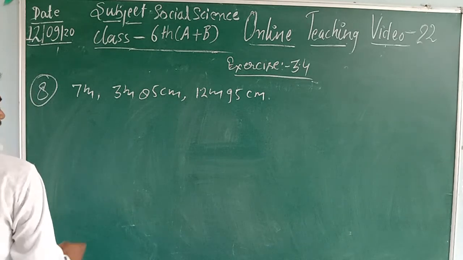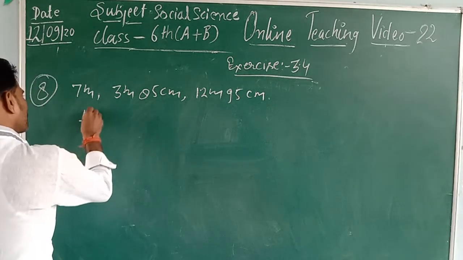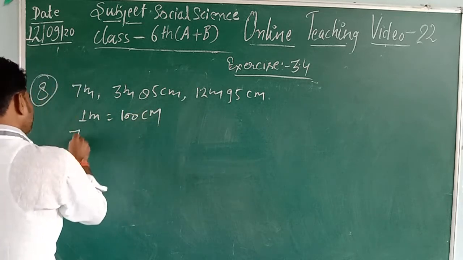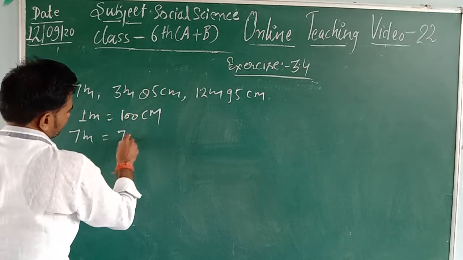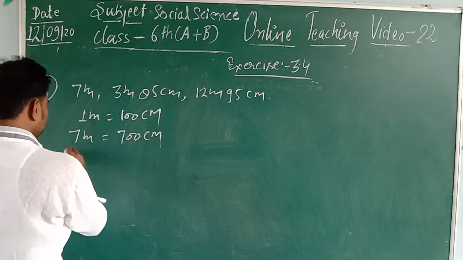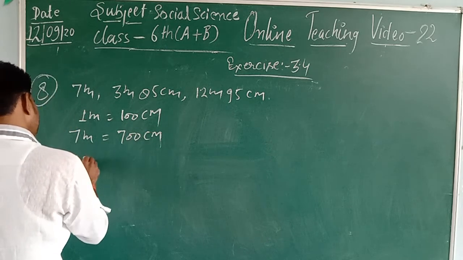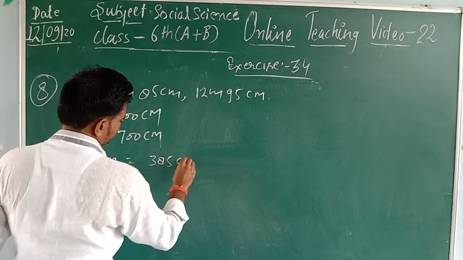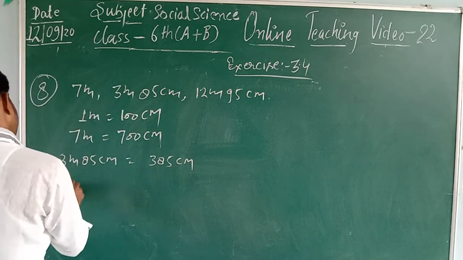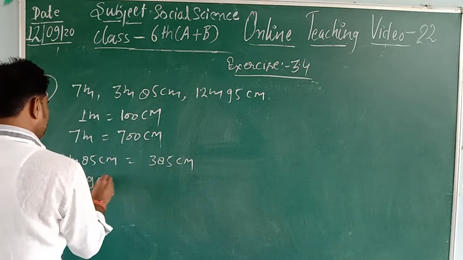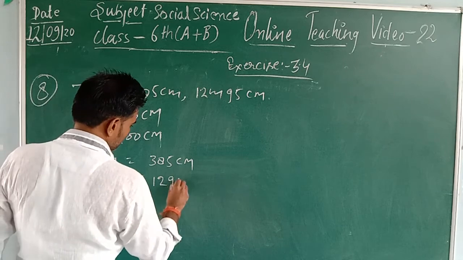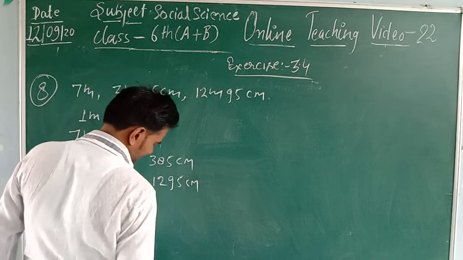So we will convert all lengths into centimeters. 1 meter equals 100 centimeters, so 7 meter is 700 centimeter, 3 meter 85 centimeter is 385 centimeter, and 12 meter 95 centimeter is 1295 centimeter.